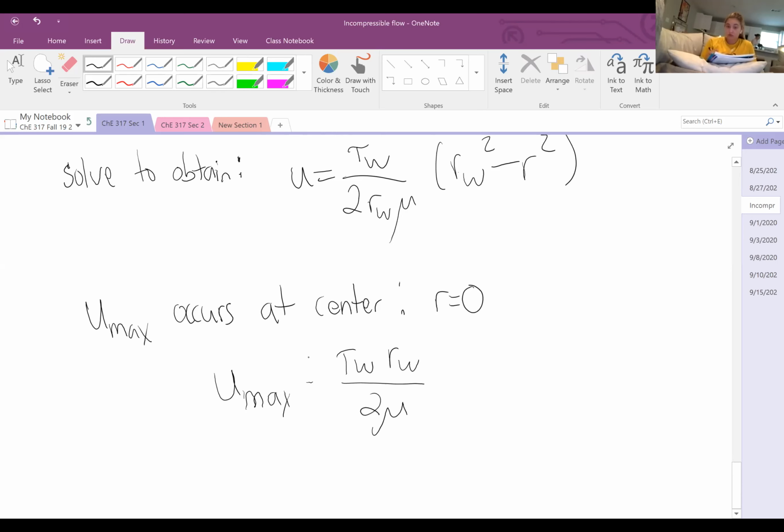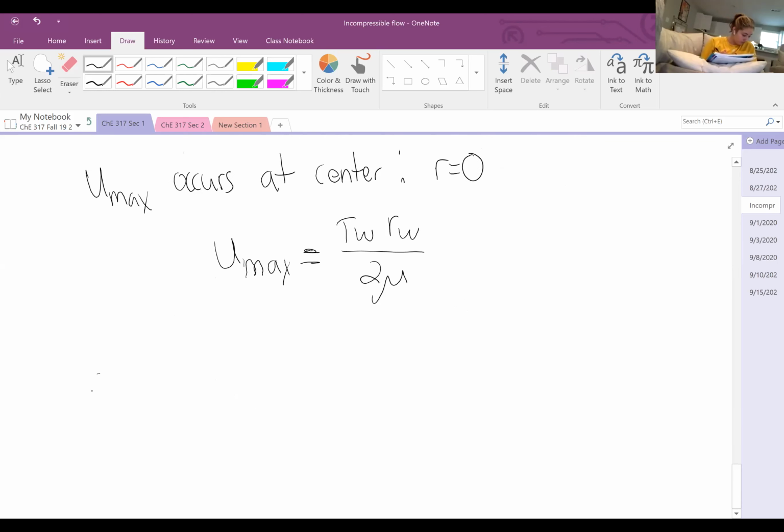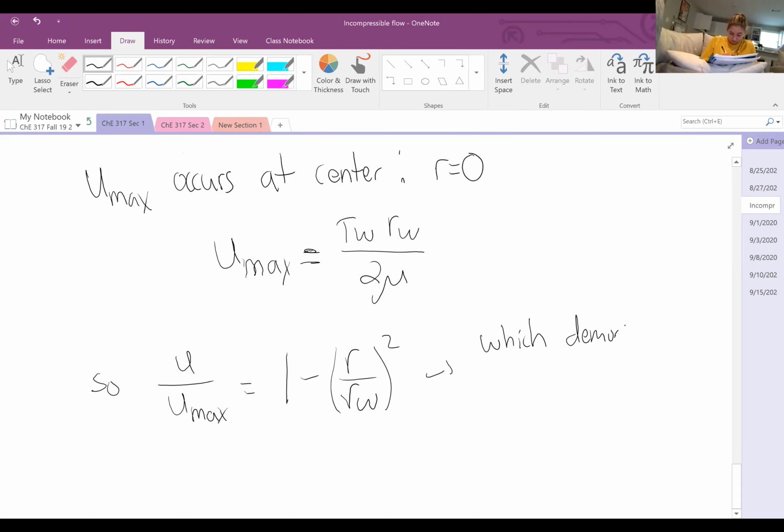We can write the maximum velocity expression. And if we were to compare u over u max, we would get this simplified expression, which demonstrates a parabolic profile for velocity.